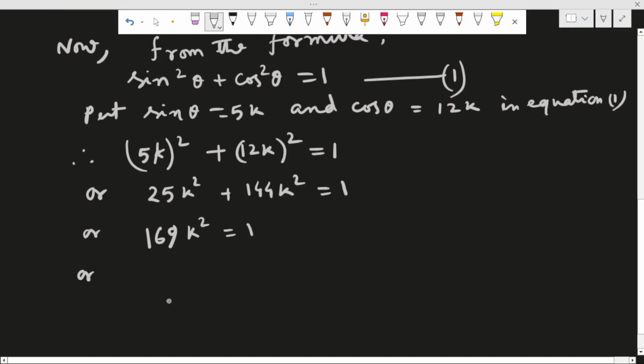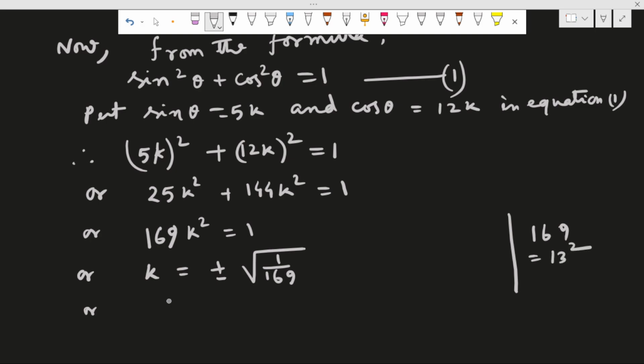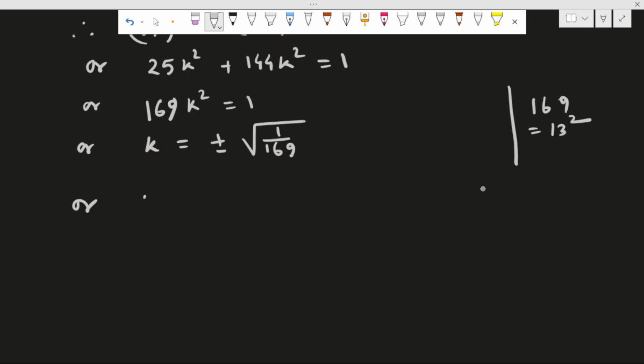So we may write k is equal to plus minus under root 1 by 169, and 169 is equal to 13 square, so finally k is equal to plus minus 1 by 13. So there are two values of k. One is plus 1 by 13, the other is minus 1 by 13.